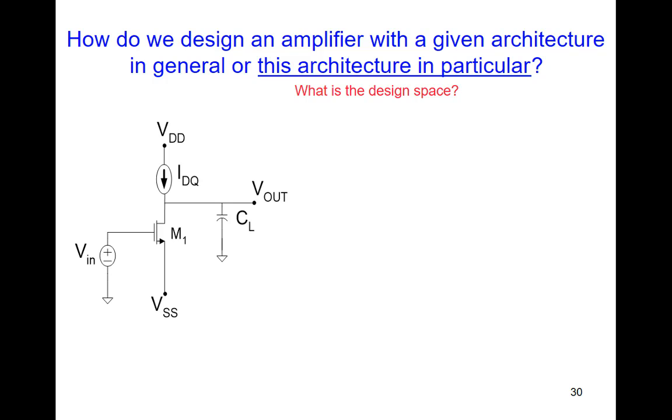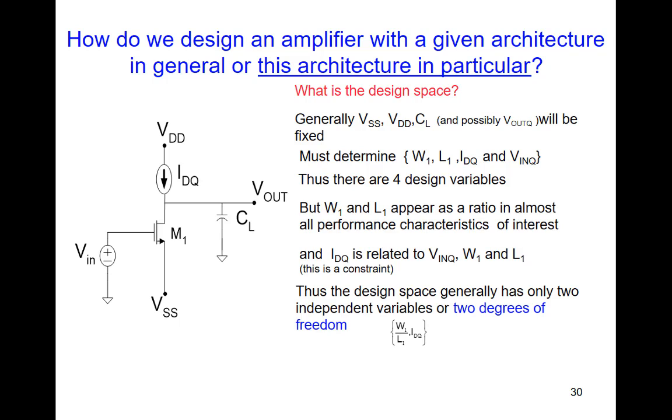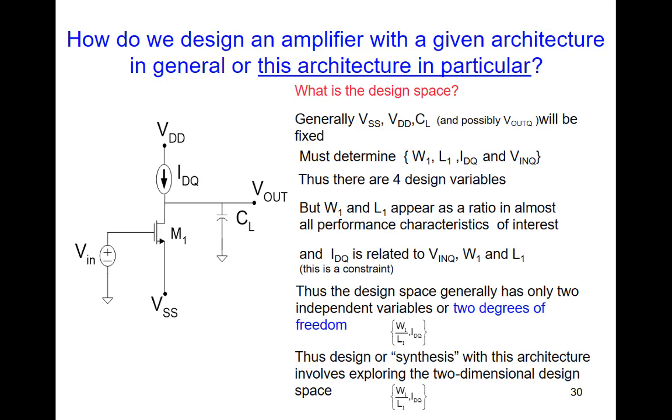Trying to understand our design space. So the design of this circuit, or synthesis with this architecture, involves exploring this two-dimensional design space. For every value of W and L and IDQ, I'll get a different op-amp. Some of the op-amps may be better than others.